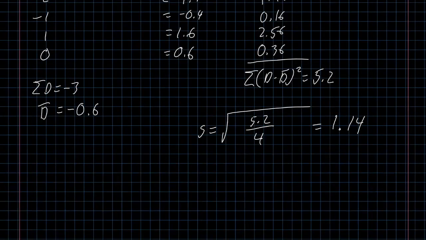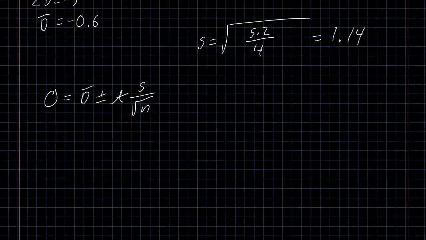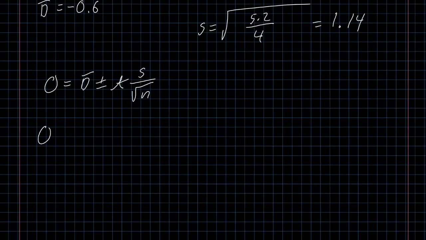Now our estimator, 0, is equal to d bar plus or minus our t-score times s over the square root of n. D bar is negative 0.6. Our t-score, we have to go to the table.